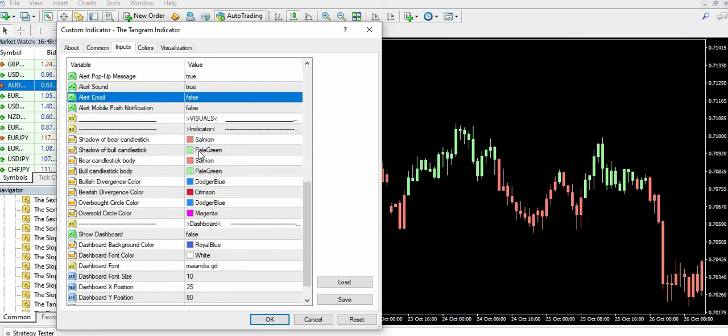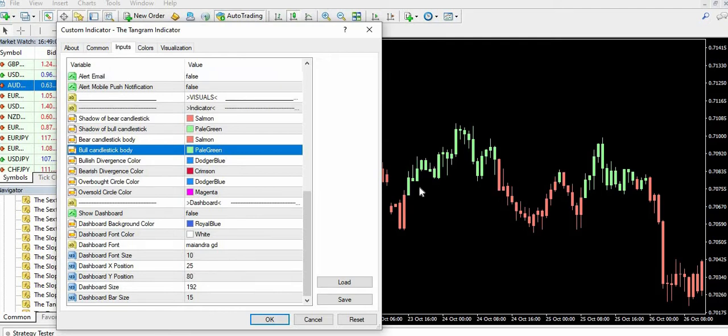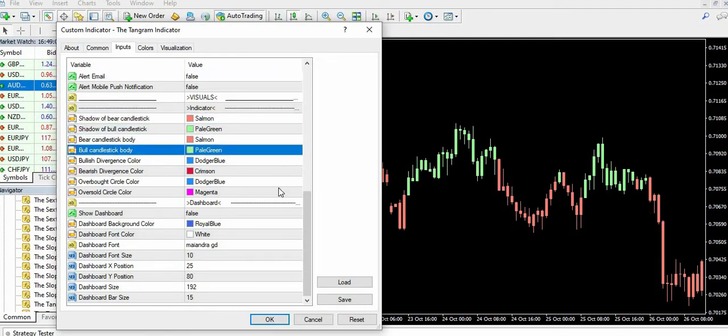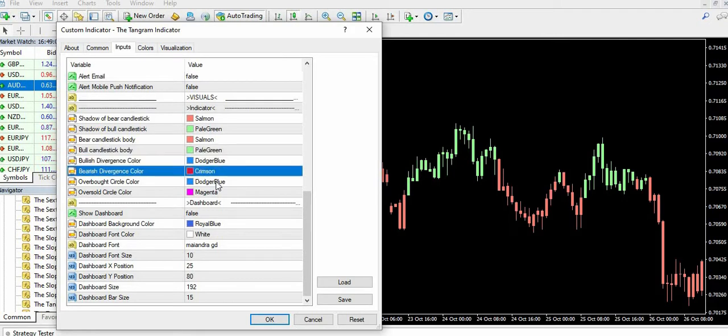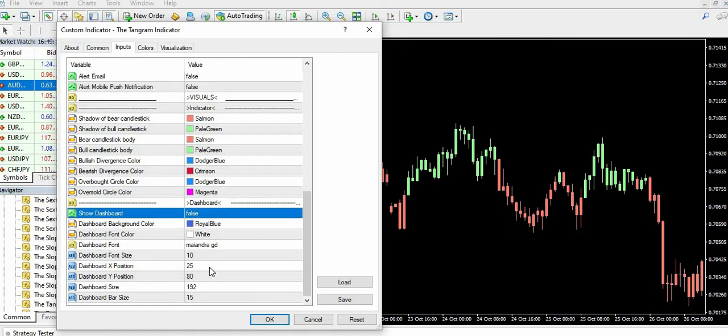Okay, last part of the settings are the visuals, and these are quite self-explanatory. You could change the colors of the indicator. So these here, you could change the colors of the bars, divergences, and overbought, oversold signals. As for here, this is for the dashboard.